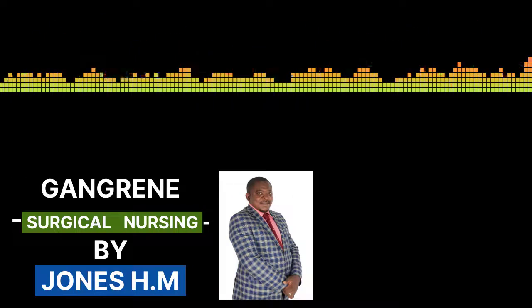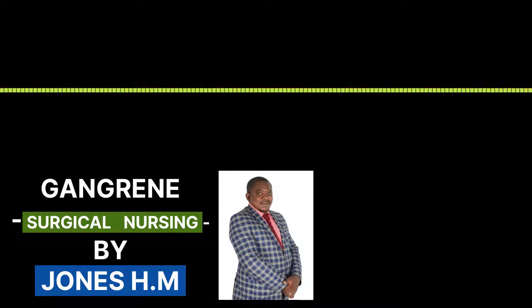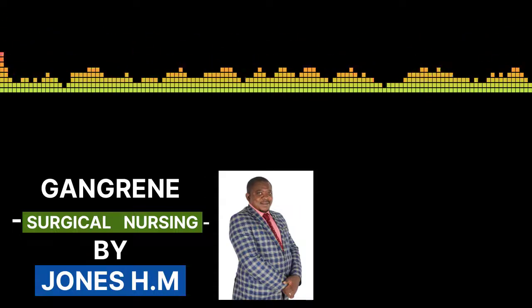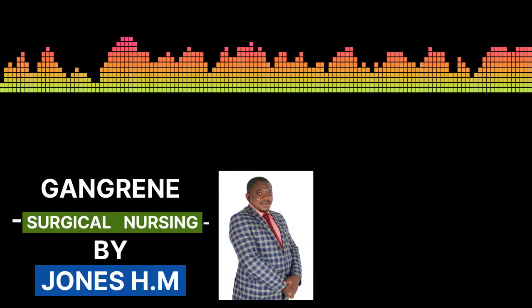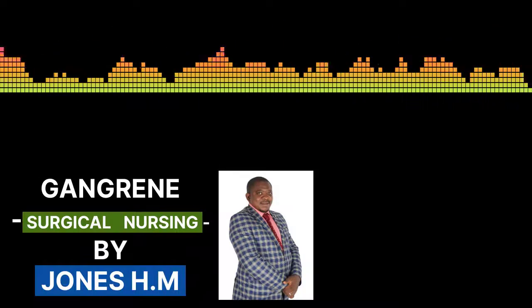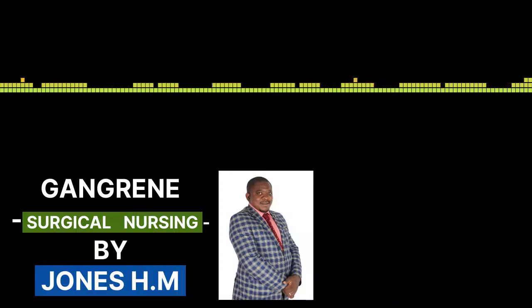This then causes the organ to die due to ischemia and start appearing cold, black, and finally drops off after some months or years.